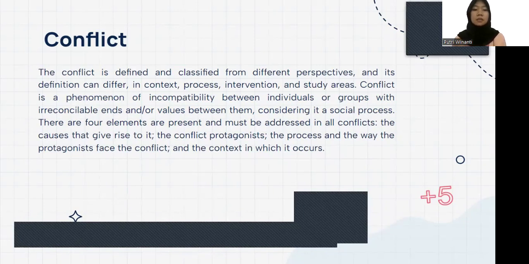There are four elements that are present and must be addressed in all conflicts because they give rise to it: the conflict protagonist, the process and the way the protagonists face the conflict, and the context in which it occurs.